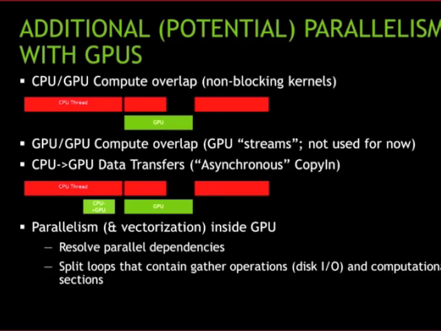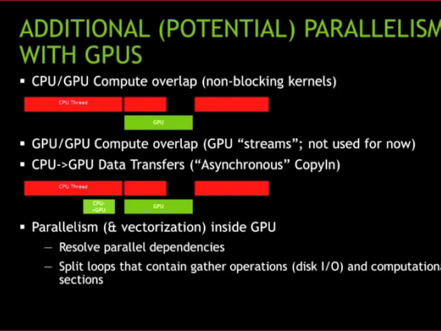Another type of overlap is that of data transfers. And I'm sure that you have heard in every GPU presentation here at the GTC that this can be one of the major performance bottlenecks when a lot of data has to be transferred, or very often data has to be transferred between CPU and GPU.